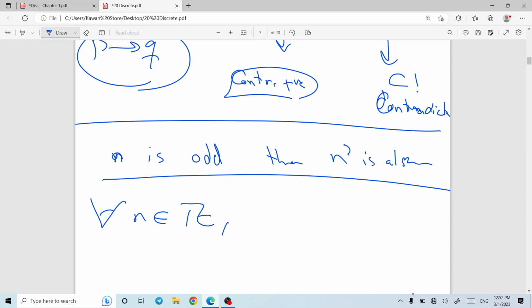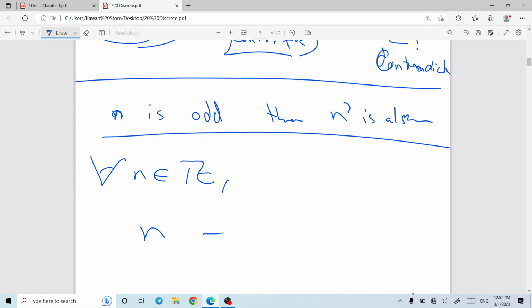So for all integers n, if n is odd, then n squared is odd. Now I have analyzed that statement. The second step is what? First, analyzing the statement. Second, proving the statement.